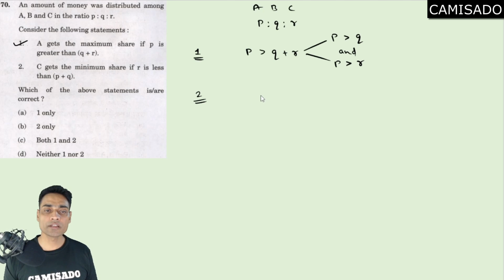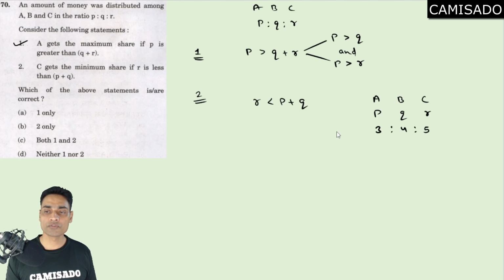C gets the minimum share if R is less than P plus Q. So can you say that C has got the minimum share? No, we can't say this. Taking an example, we can understand this. A, B, C are persons. Their ratios are P, Q, R. Suppose for the time being I am taking the ratio as 3 is to 4 is to 5.